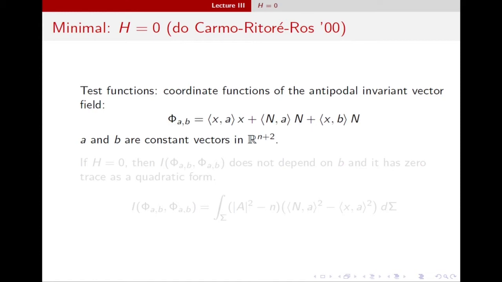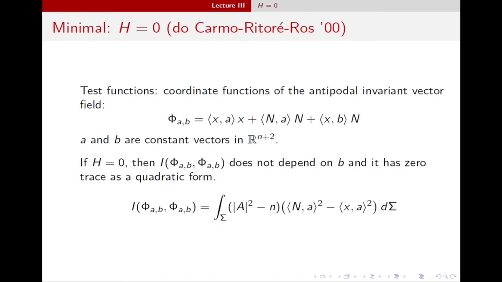Okay, so being minimal helps you a lot in this analysis because if you look at the quadratic form on these coordinate functions, you're going to check after some computation that the expression does not depend on the parameter b. So that's an important fact.